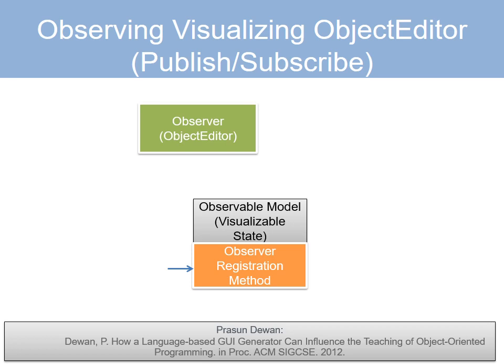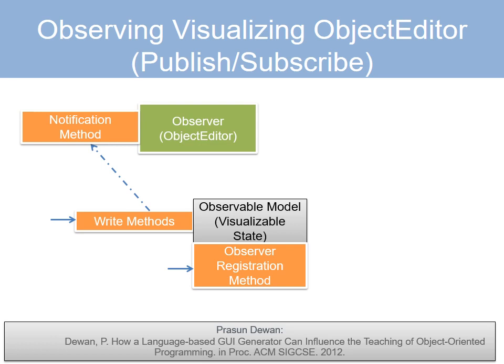So the creator of events is an observable object, and it has methods to register the observers. And whenever the state of this object changes, a notification method is invoked in the observer, the subscriber. So if x becomes 10 in this particular object, then you get a notification that x is equal to 10.